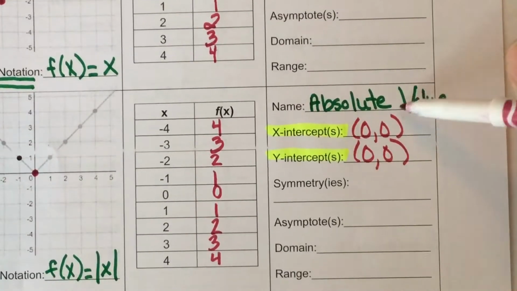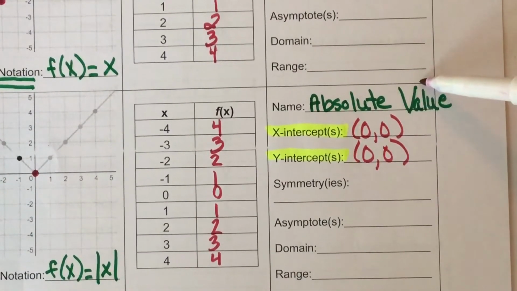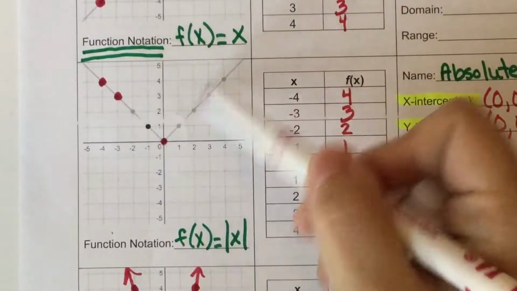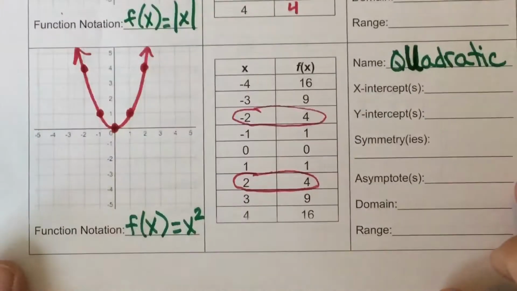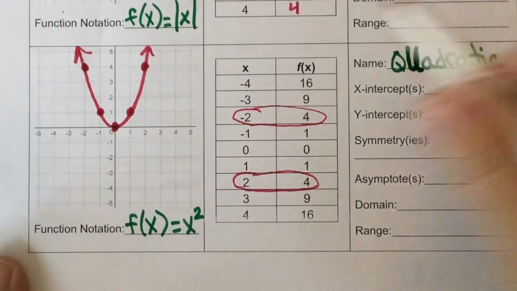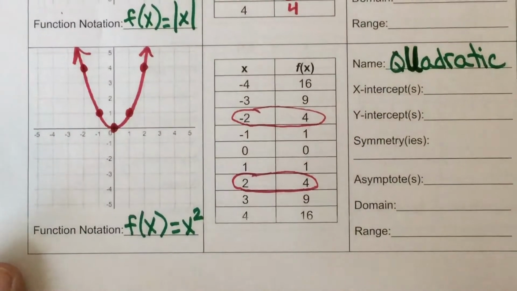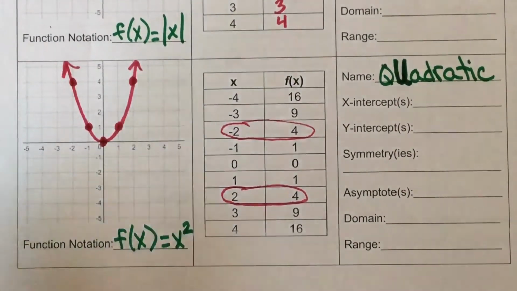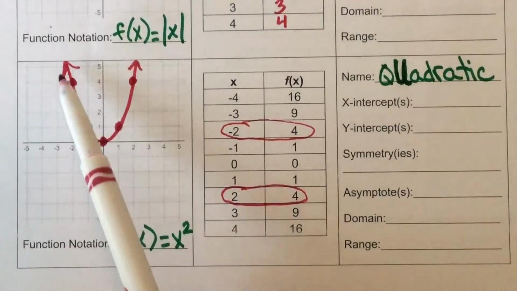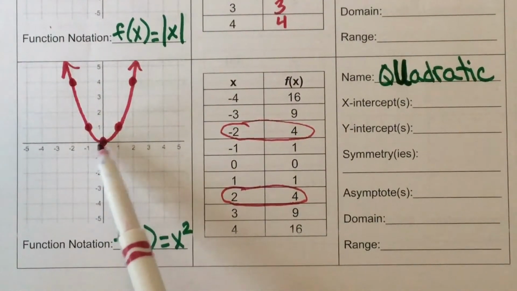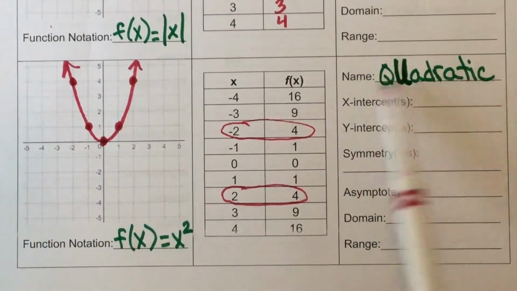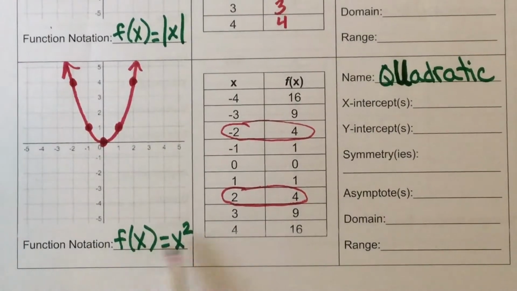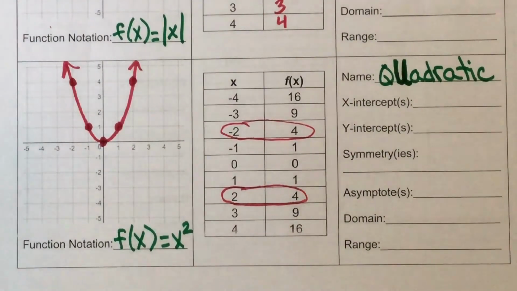So memory devices, the word value has a V, and absolute value makes a V-shaped graph. The word quadratic has a U, and it makes a U-shaped graph. Okay, so if this is the quiz down the road, if you see a U-shaped graph with its vertex at 0, 0, then it's the quadratic parent, and the equation is f of x equals x squared.